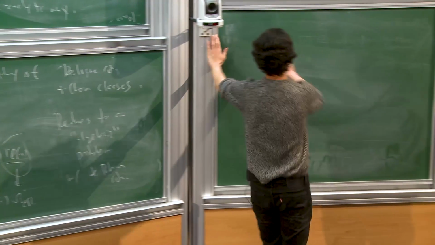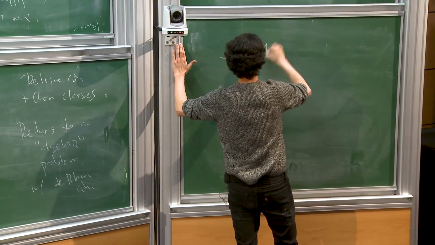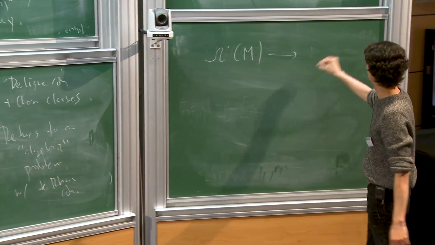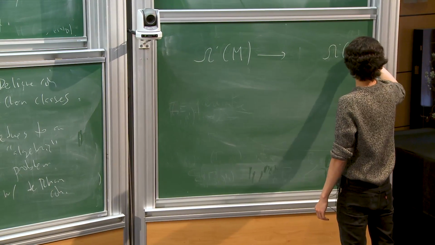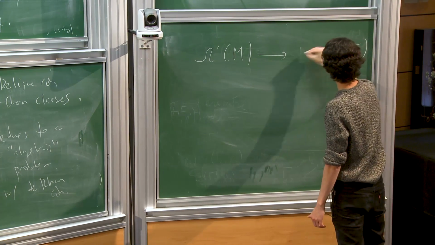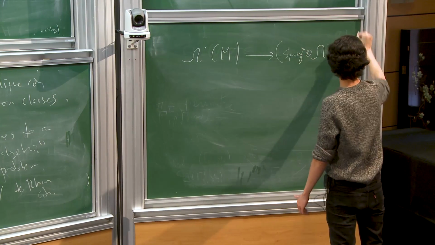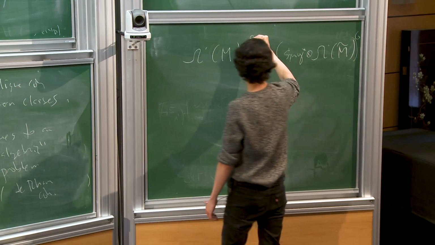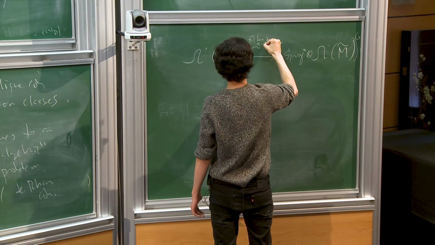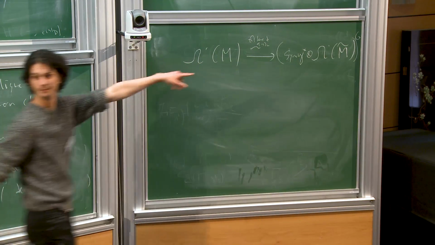Via a very explicit map, you can look at differential forms on this mixed guy, tensor it with Sym of the Lie algebra of GL_n and take G-invariants, and then you get a filtered quasi-isomorphism with respect to the appropriate filtration here.